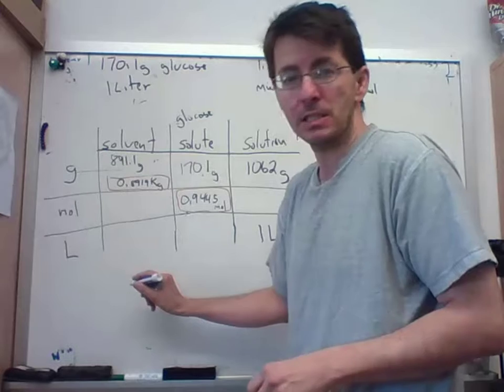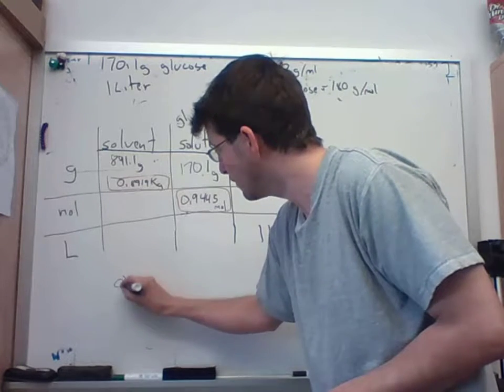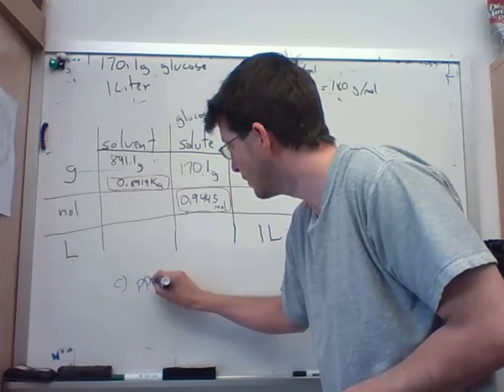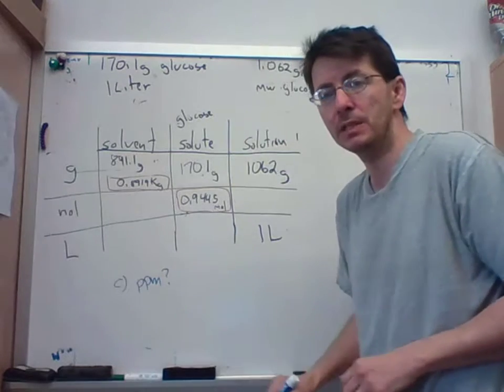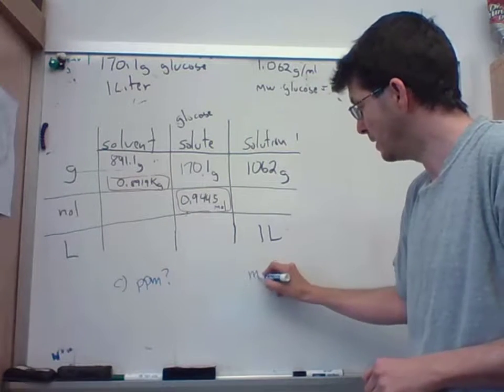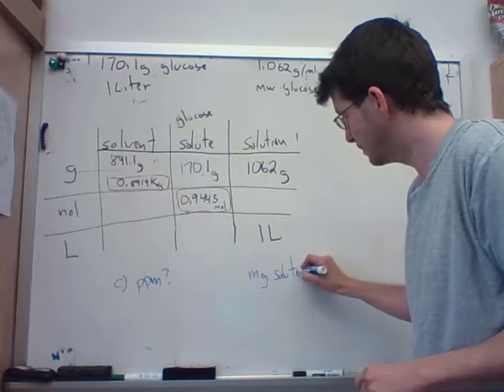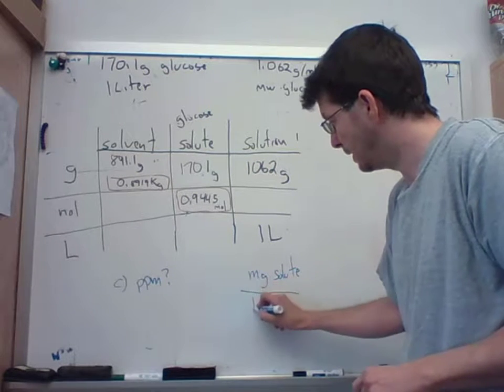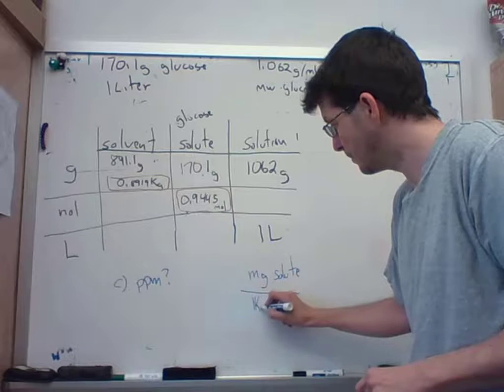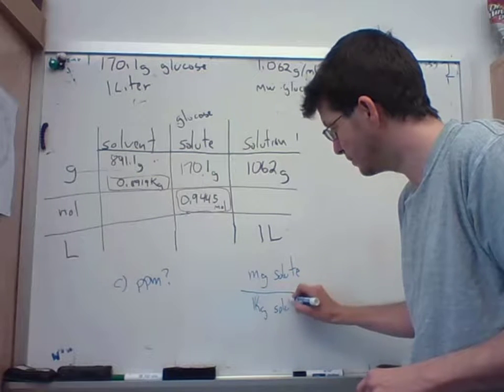One of the questions asked in this case is parts per million, ppm. Parts per million is defined as milligrams of solute divided by kilograms of solution.